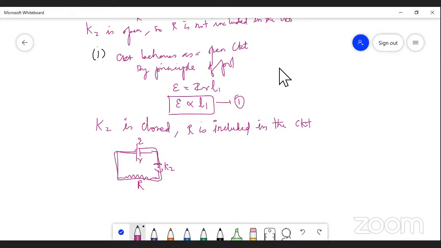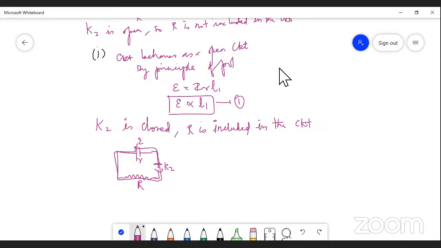As there is internal resistance, the current flows from negative to positive terminal so that the circuit will get completed. When the key is closed, the current begins to flow through the circuit. So the current will flow through the external resistor R, and also through the internal resistance small r of the cell.